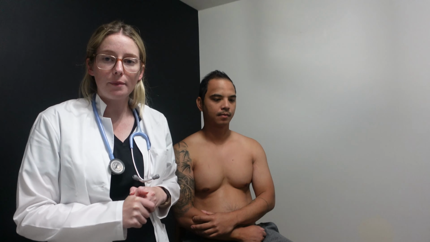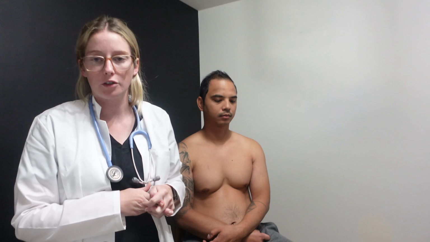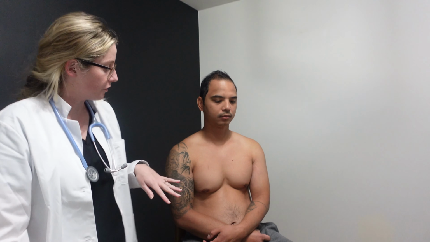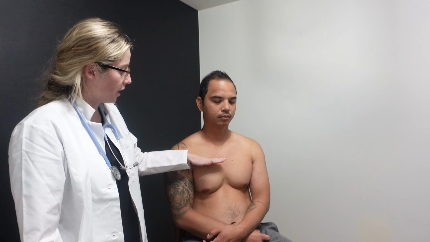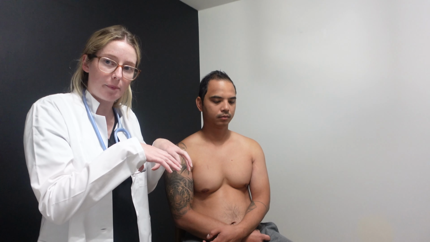The next thing I'm looking at with my inspection is the anterior posterior diameter in comparison to the transverse diameter. For that, picture his chest being sliced down, and then we're looking at the top of it.